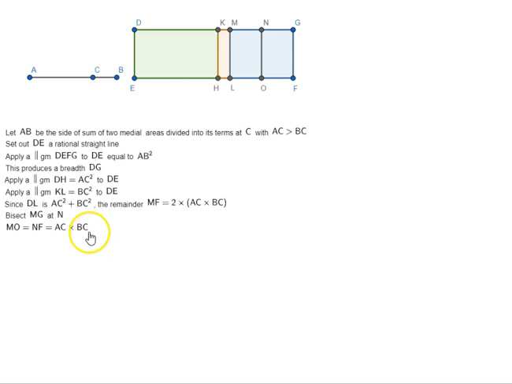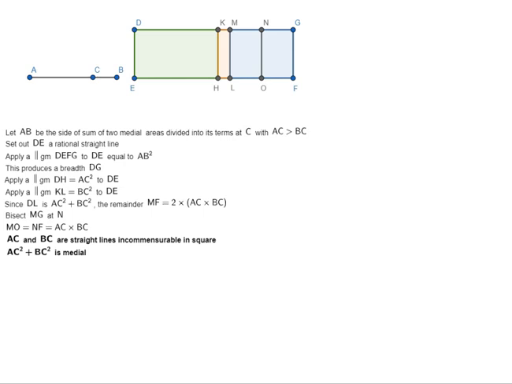Now, based on the characteristics of the side of the sum of two medial areas, we can say AC and BC are straight lines incommensurable in square.